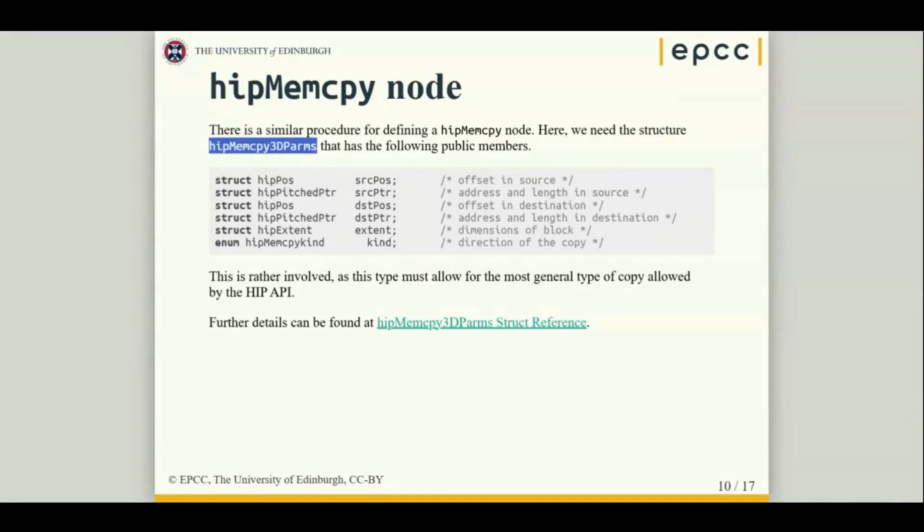We have the public members of the structure: the source pointer, the destination pointer, also the offset, in case we want to have an offset in the pointer when we do the copy, the extent, the dimensions of the block, and the direction of the copy, whether it's from host to device or device to host.